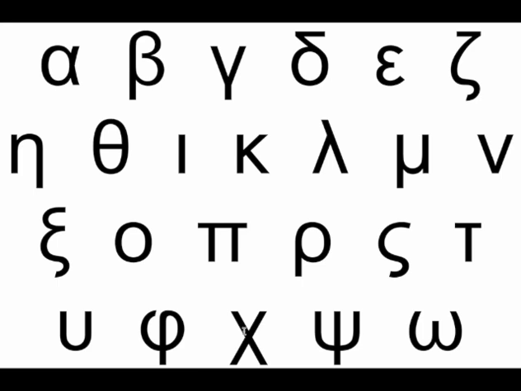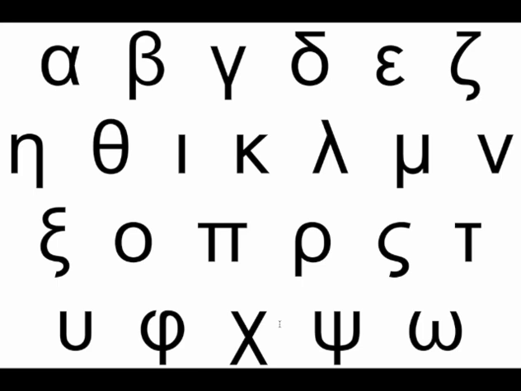Next we have a chi. It probably would have been pronounced more like a guttural h, as in the word to greet someone in Greek, but we're going to pronounce it kind of like a K, because that phonetic is difficult for most English speakers. I'm fine if you go with the K sound instead of an H sound.